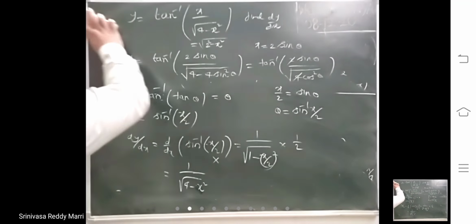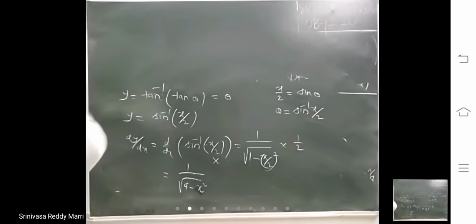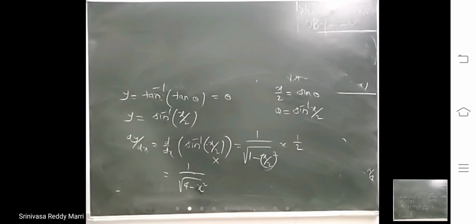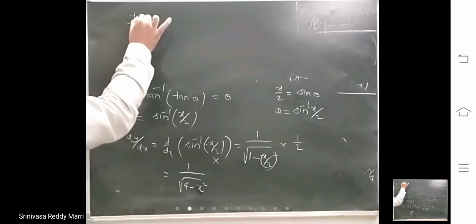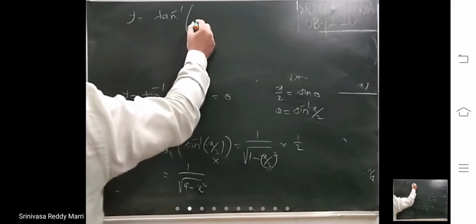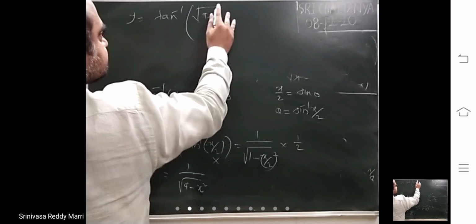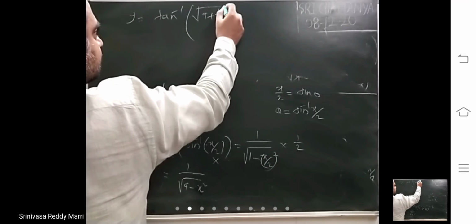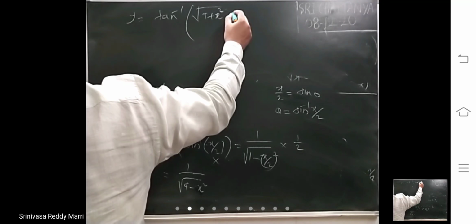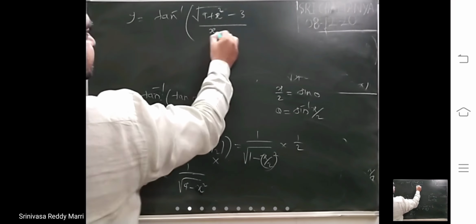Last problem. Tan inverse of root of 9 plus x square minus 3, divided by x.